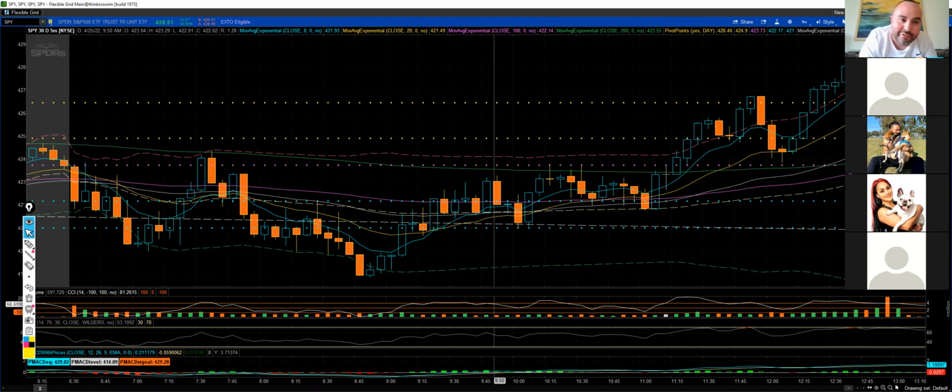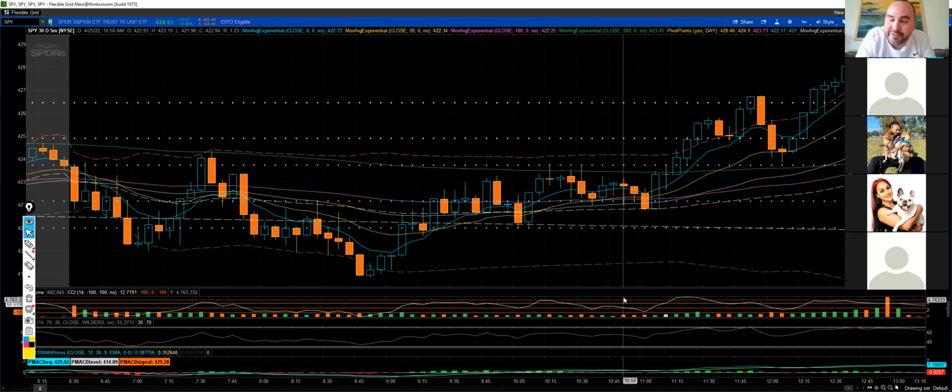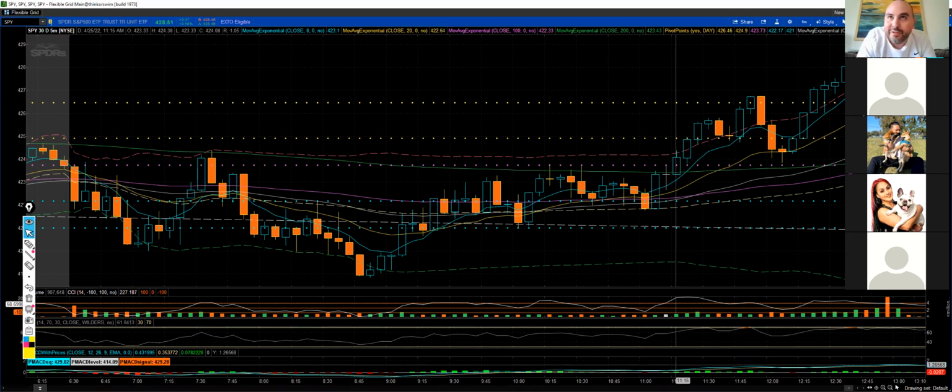Obviously, with the lotto picks and stuff like that, there's a little bit more feeling that goes into those, and those can be hit or miss because of the emotion. But with this go, no-go method that I'm using, it takes all that out. You're either in the trade or you're out.